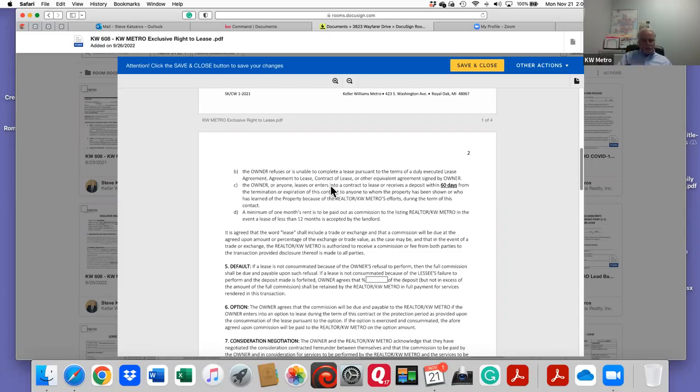And then when values plummeted, they were in the negative on most of these and weren't making their payments. Meanwhile, they've got a tenant inside of a home. And here's a tenant doing everything right, paying their rent on time, paid their security deposit, and the landlord was not paying the mortgage. So they default, right? And the tenant's in the house. And back then, part of what I used to do with foreclosures is we'd offer cash for keys.